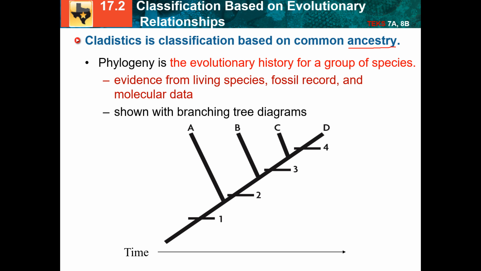And the theory of evolution is that all organisms, if you go far enough back in time, are all related. When I say far enough back in time, we're talking hundreds of millions of years. And so the goal of cladistics is to try to represent that. Try to do our best guess to show that ancestry.com, if you will, type of tree.